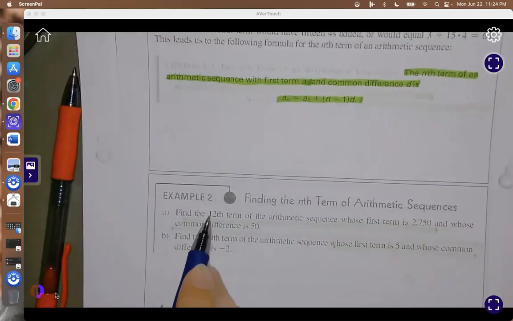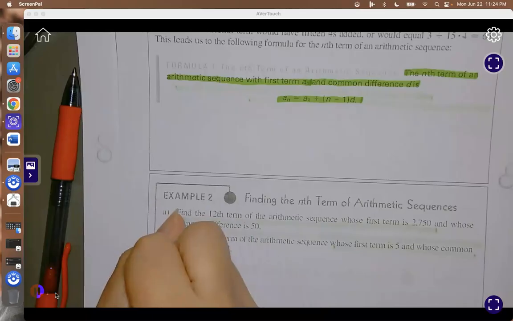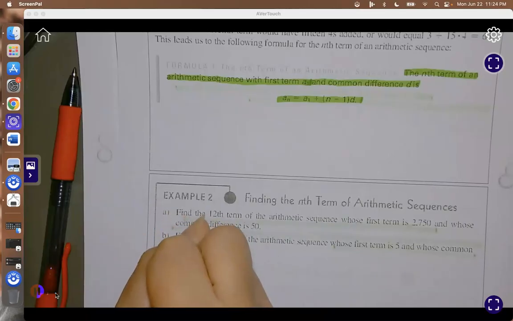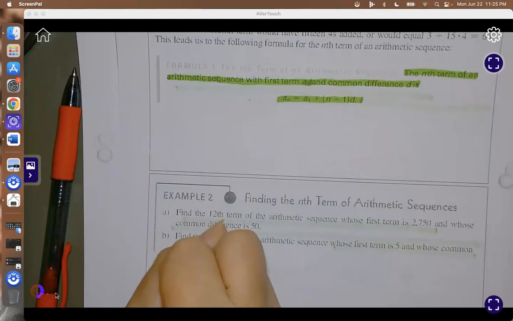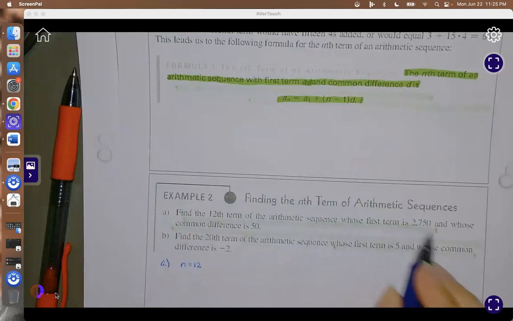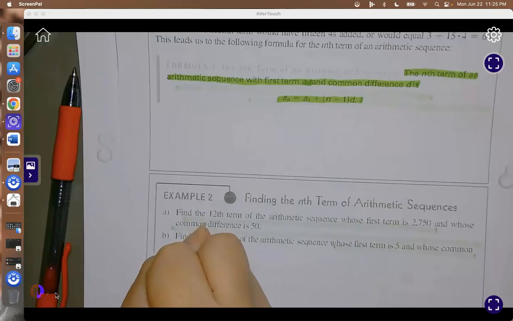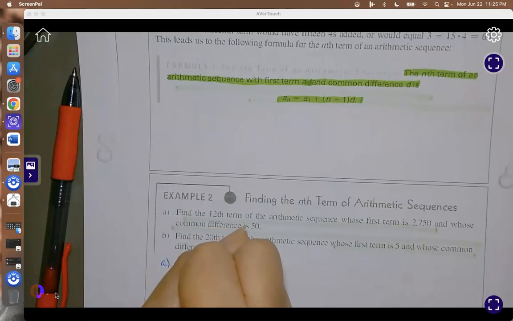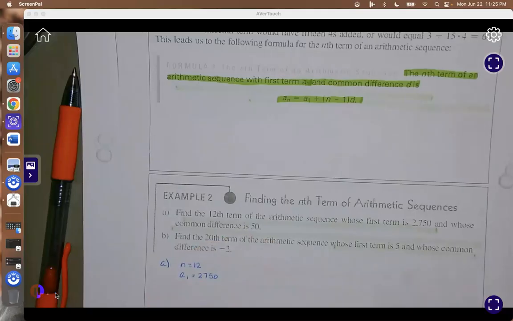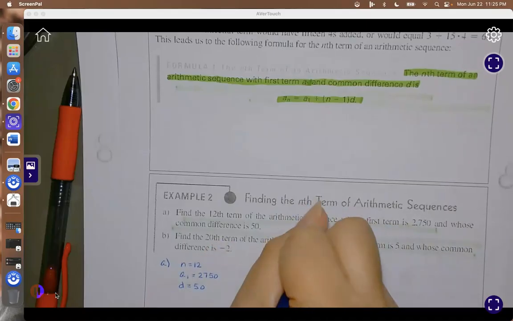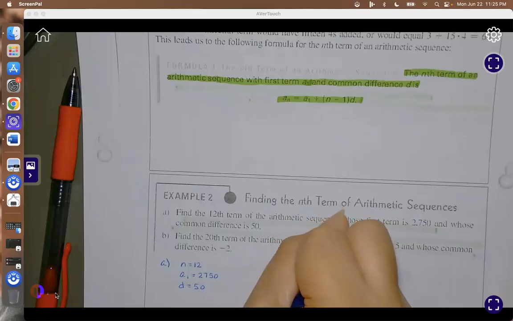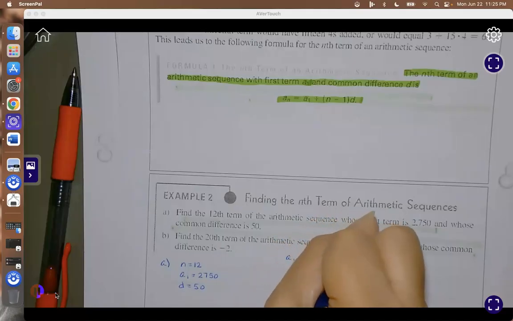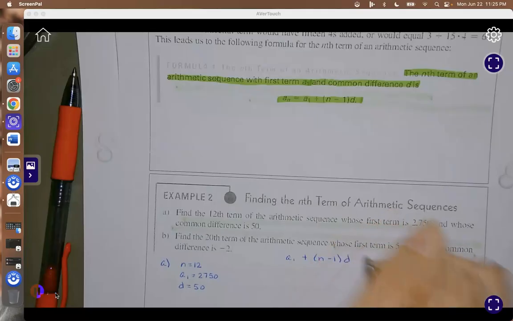Okay, so this time we're going to find the 12th term. So we know that n is 12 of the arithmetic sequence whose first term, a sub 1, is 2750, and the common difference is 50. Remember, the formula we're using here is a sub 1 plus n minus 1 times d.